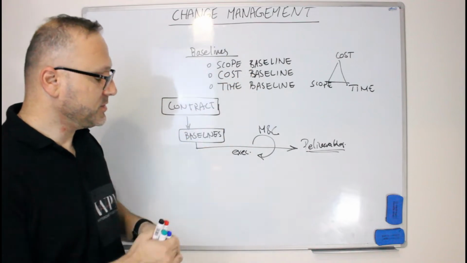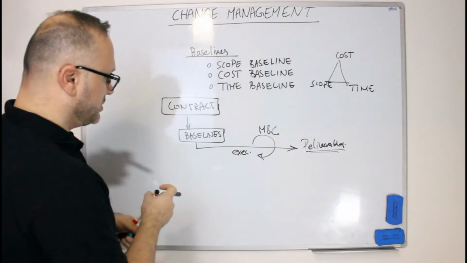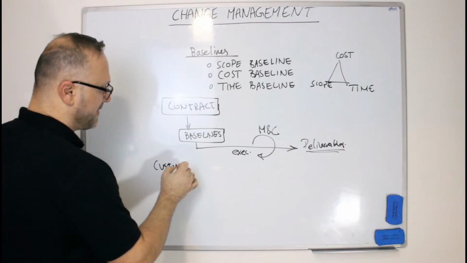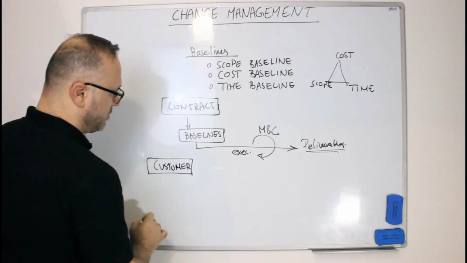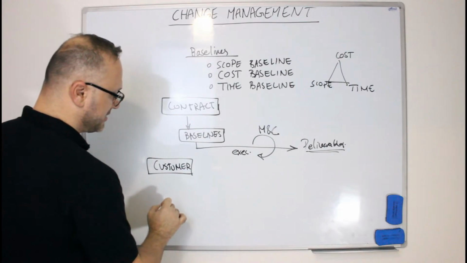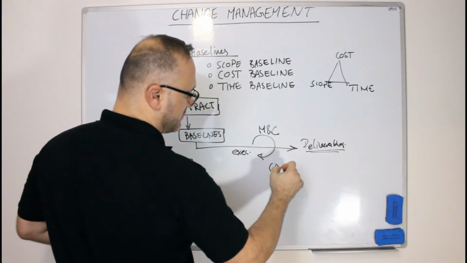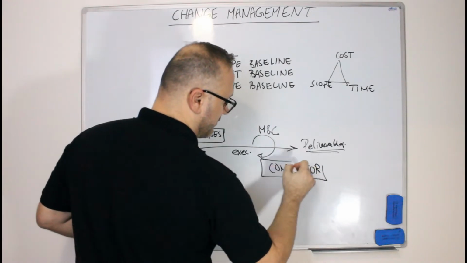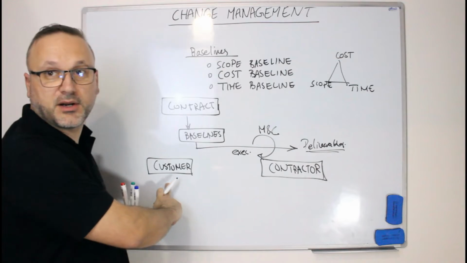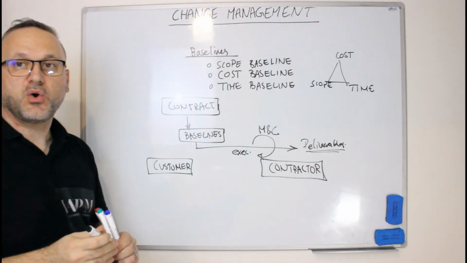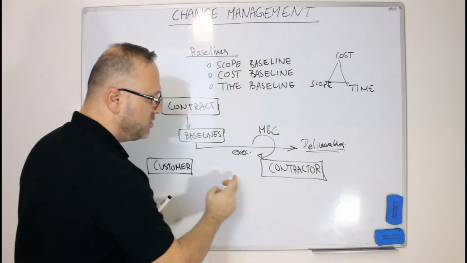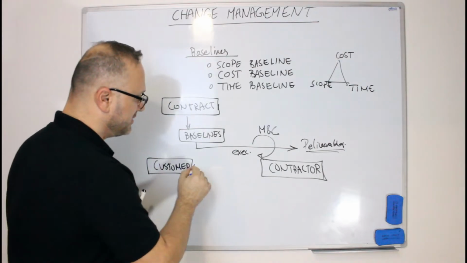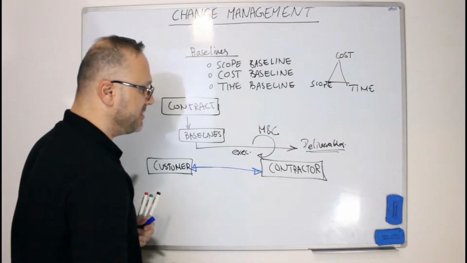Now, the change could come either from the customer or from the contractor. You could be a customer or you could be a contractor, where between you both you have a signed contract, a legal agreement.